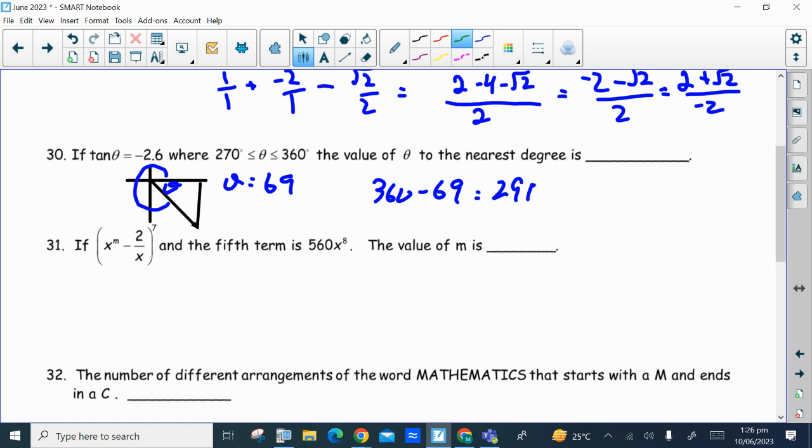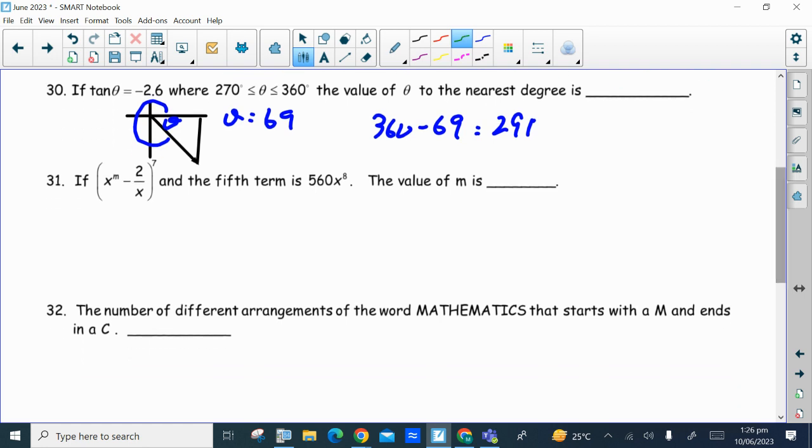Number 31, we want to find the value of m for that expression. Before we start, though, I would take that second term and write it as 2x to the negative 1. The fifth term is 560x to the 8th. Remember the general term formula, it's on the formula sheet.